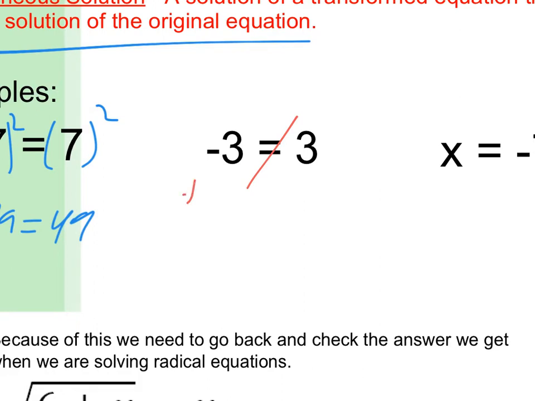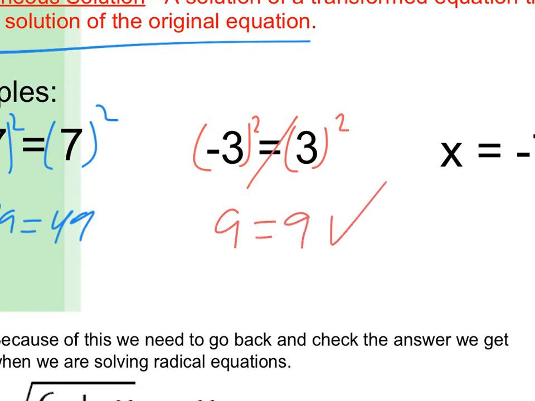And if I try to do things like I usually would with an equation, if I add 2 to both sides, I'd get negative 1 equals 5. So that wouldn't make the equation true. If I multiply things by it, that won't make the equation true. But if I take this right now and I square both sides, all of a sudden, negative 3 squared is positive 9. Positive 3 squared is positive 9.